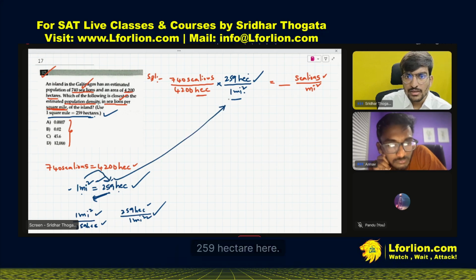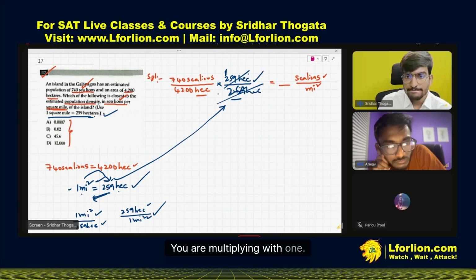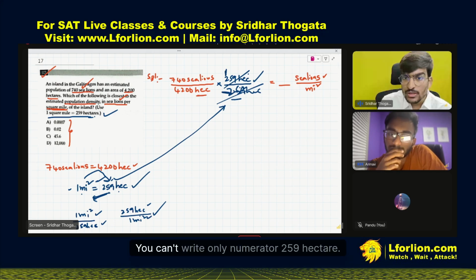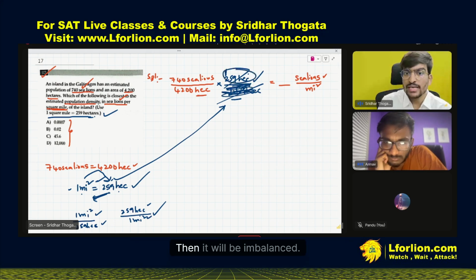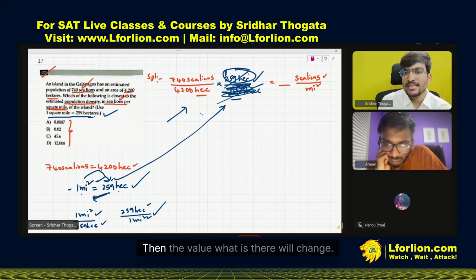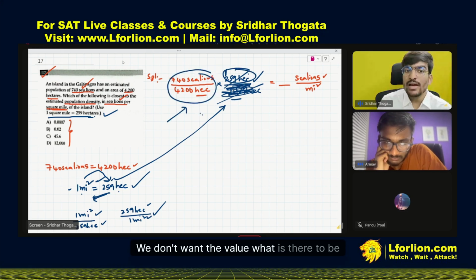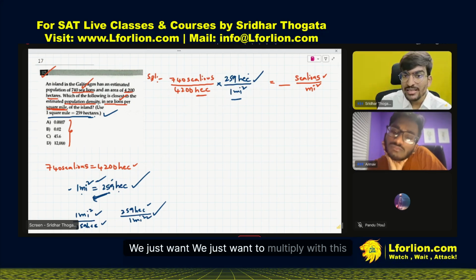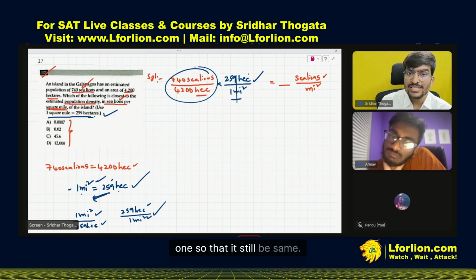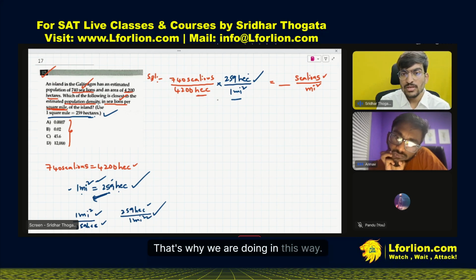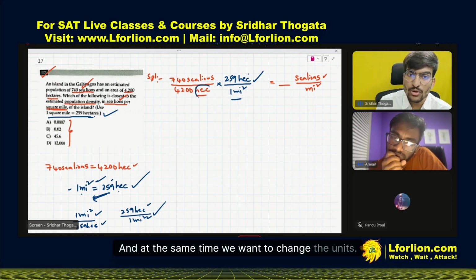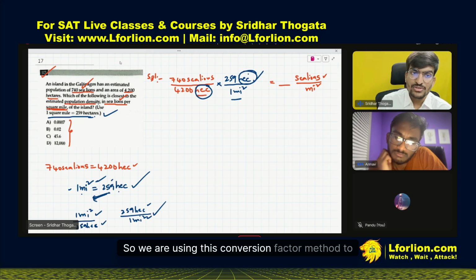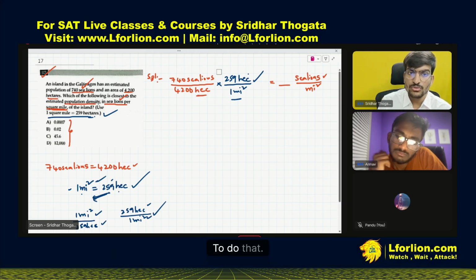If you put only 259 hectares in the numerator, it will be imbalanced and the value will change. We don't want the value to change. We just want to multiply by this 1 so that it stays the same, and at the same time change the units. So we are using this conversion factor method.